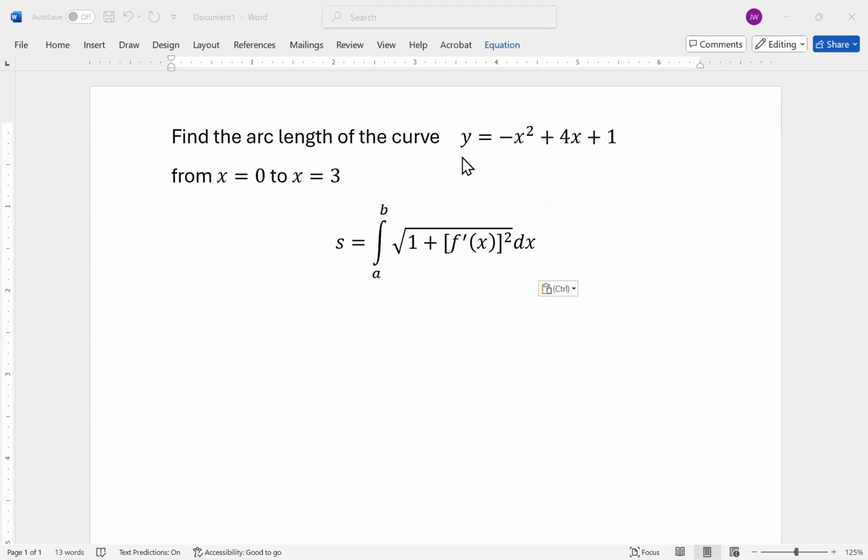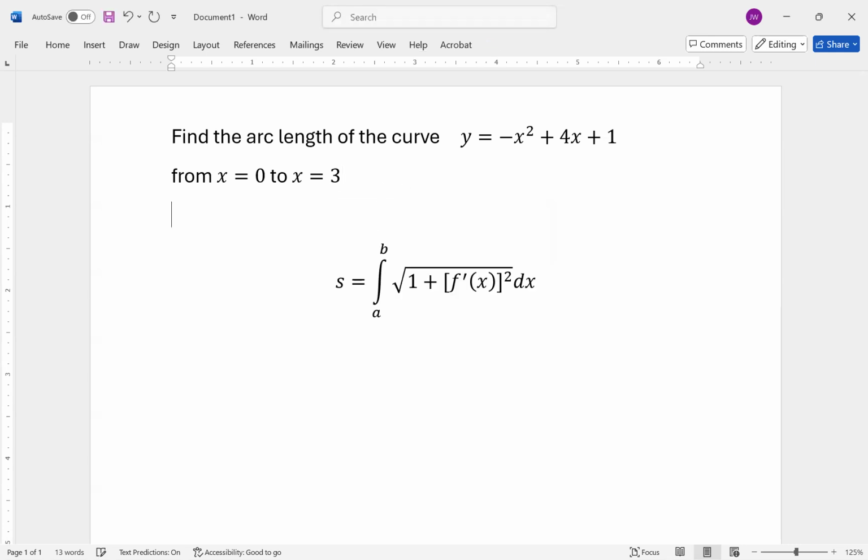Now, in this case, we can see that y is set up as a function of x. So I'm going to set up my arc length integral with respect to x, because then I don't have to try to solve for x.